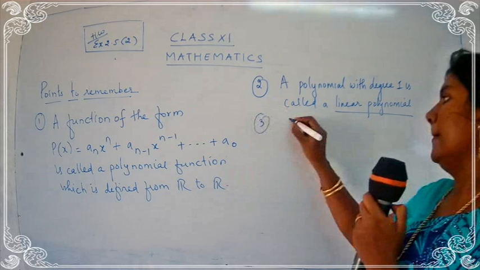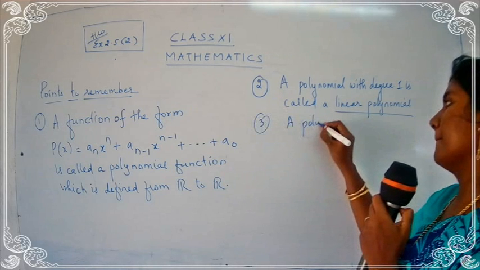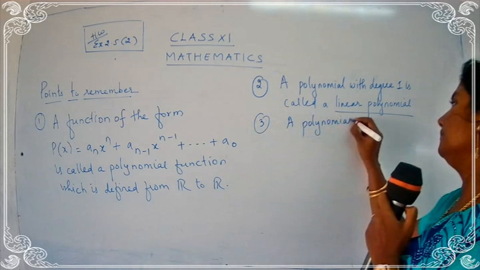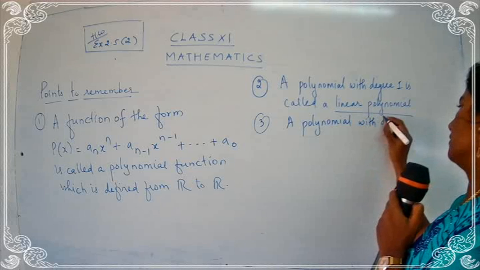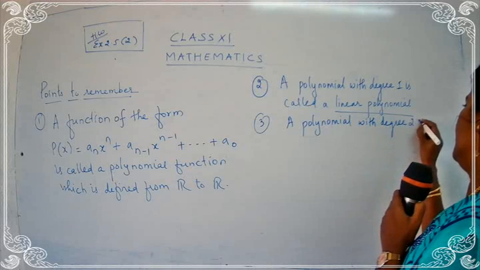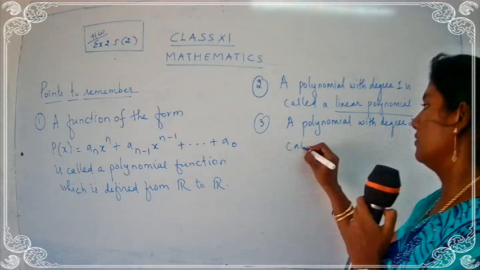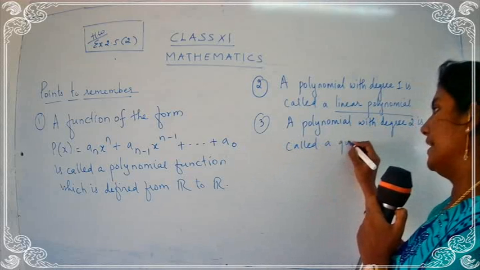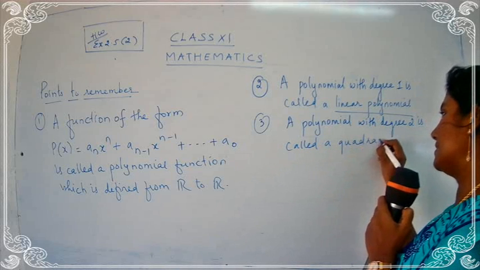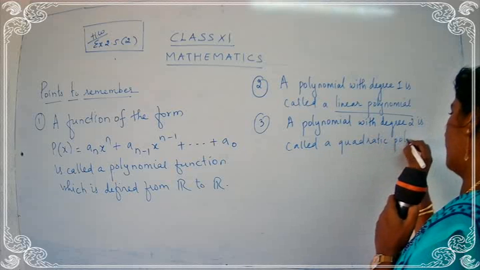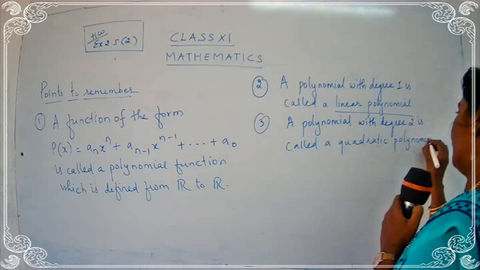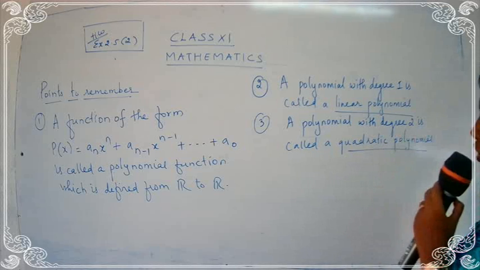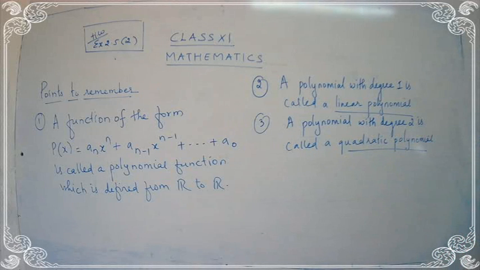Third point. A polynomial with degree 2 is called a quadratic polynomial. Already we have studied this, yes children, in the last exercise. Write down the point.